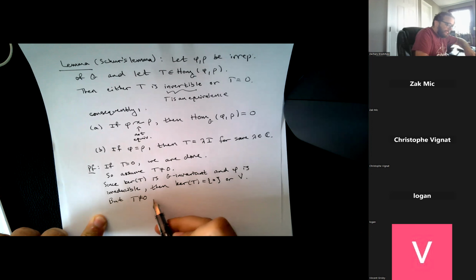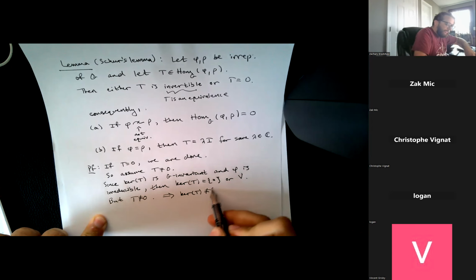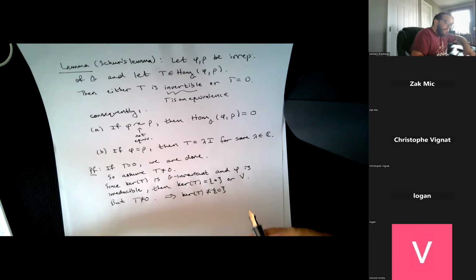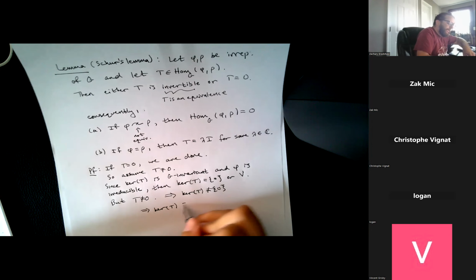And so that implies that the kernel of T cannot be the 0 set, and so the kernel of T must be equal to V.